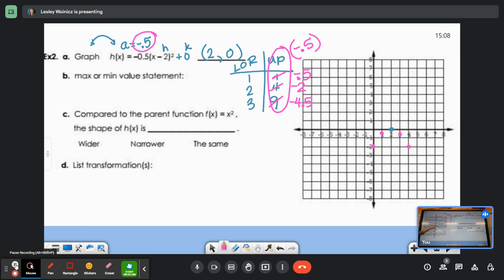Left 3 down 4.5. Yes, 4.5. You can kind of use the symmetry of your parabola to make less counting work for yourself if you're sneaky about it. And then connect them, make them as smooth and pretty as possible. Don't forget your arrows on both ends.